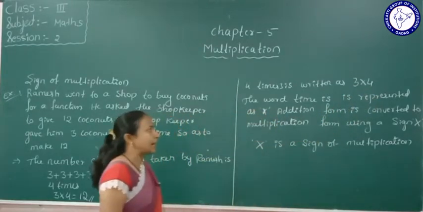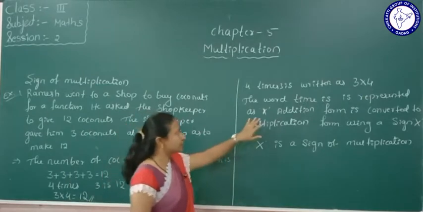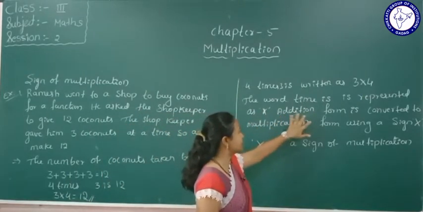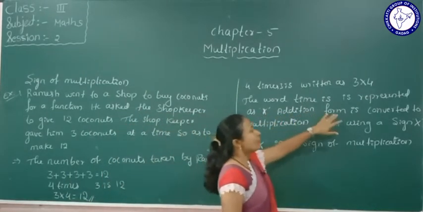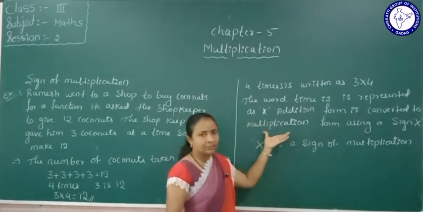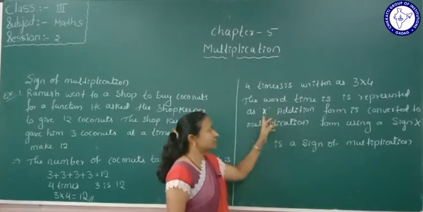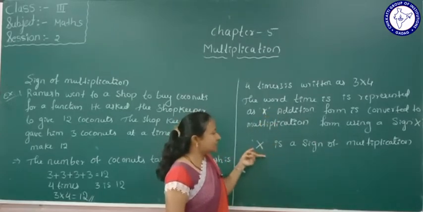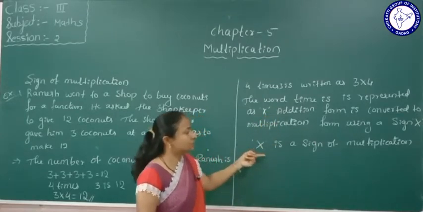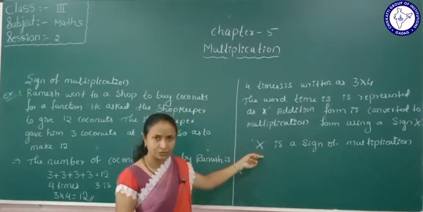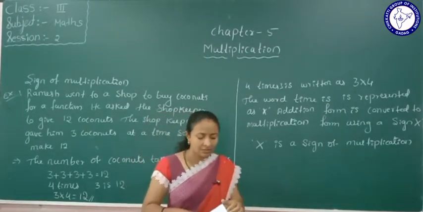The word times is represented by this multiplication sign. So the addition form is converted into multiplication, and we call this a multiplication sign. Understood students?